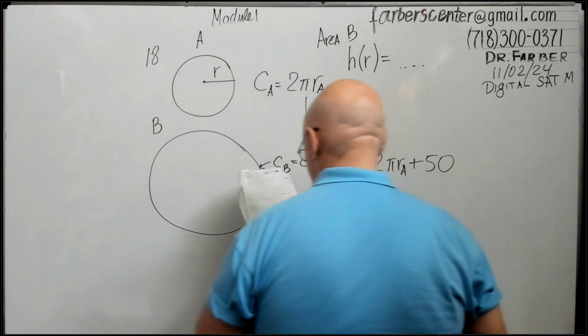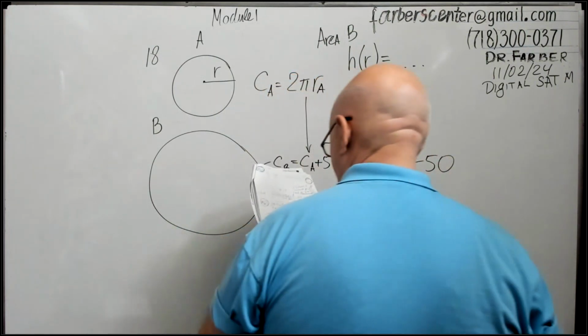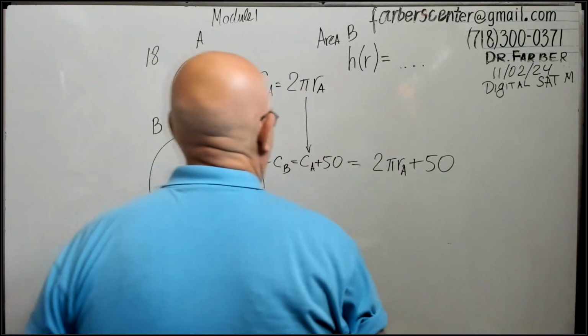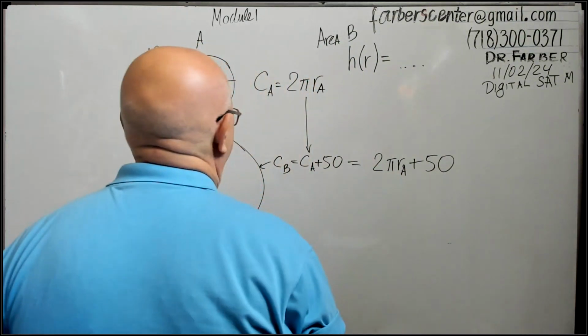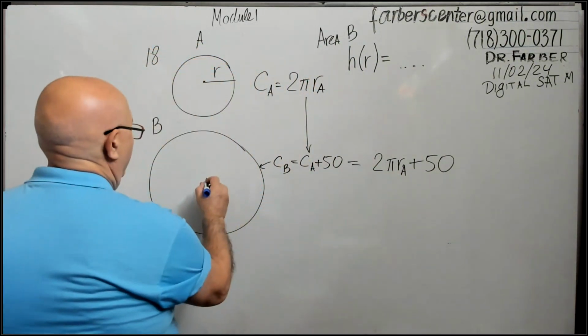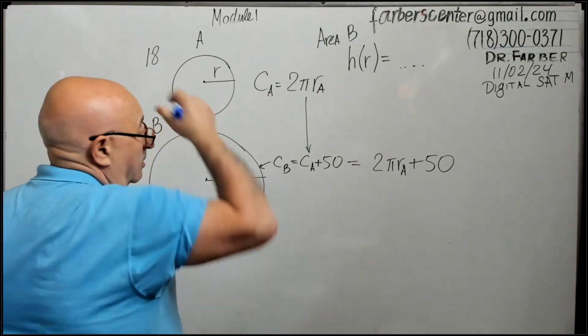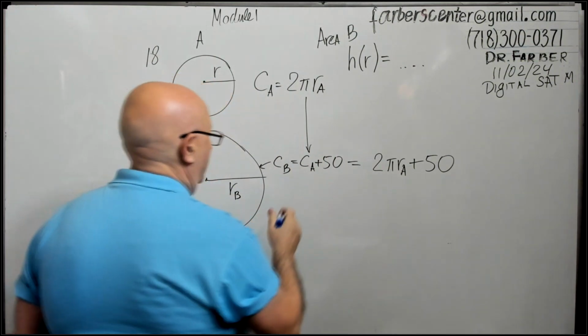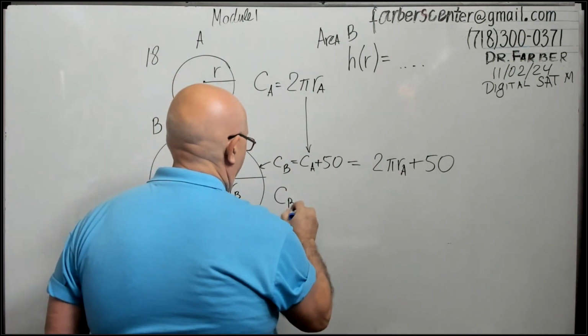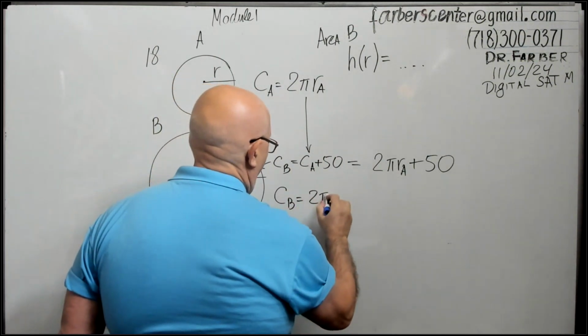From another side, I don't know the radius of B, and I can write that circumference B equals 2 pi RB.